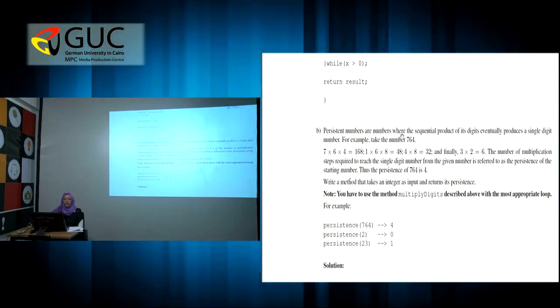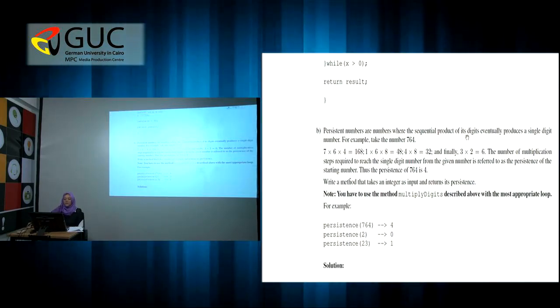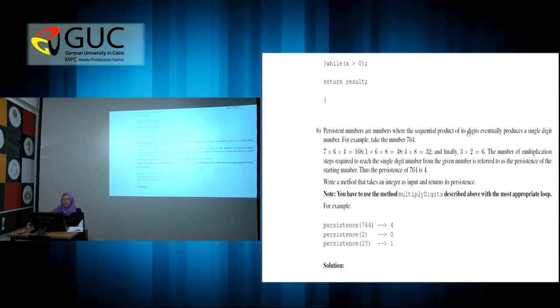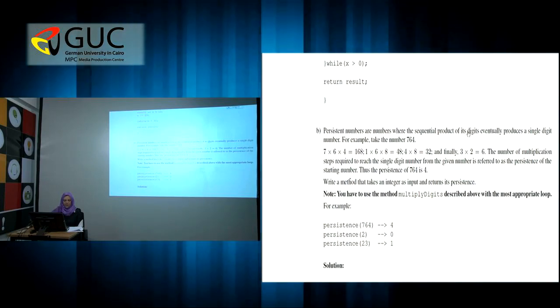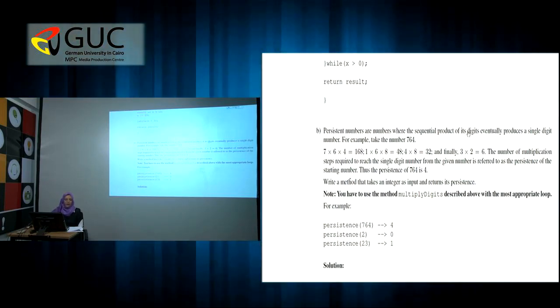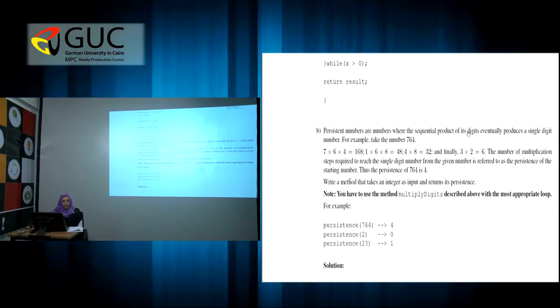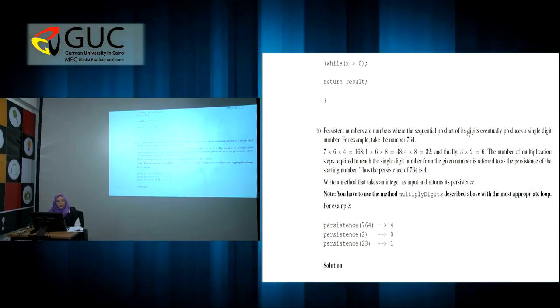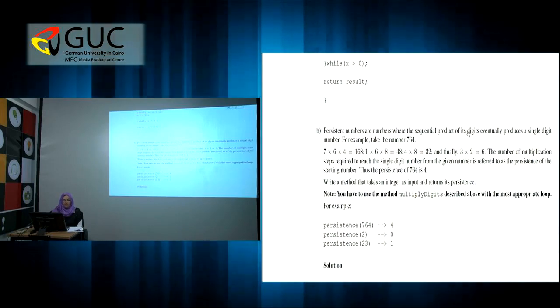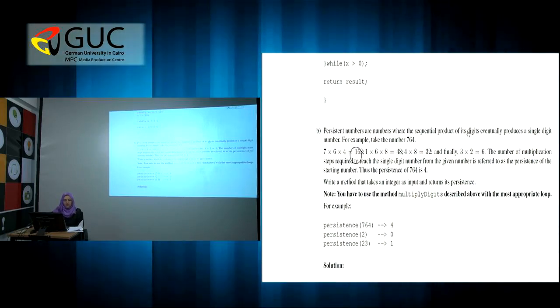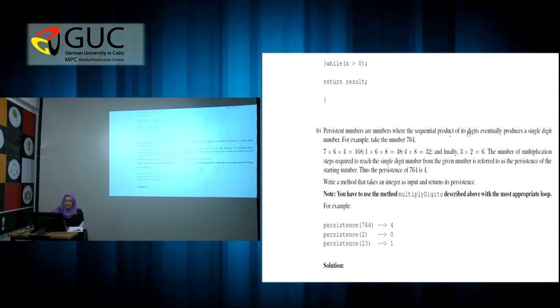persistent numbers are numbers where the sequential product of its digits eventually produces a single digit number. For example, if you have a number which is 764, what you need to do is you need to multiply its digits. So we have 7 times 6 times 4, it gives you 168.